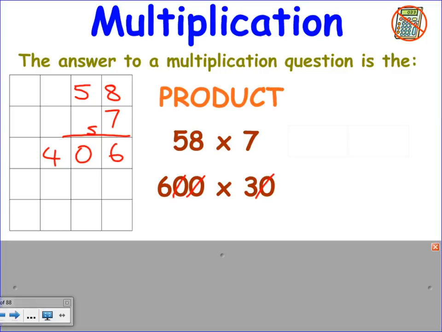Do the simple sum, which is 6 times 3, which is 18. And then bring your 3 zeros back. 1, 2, 3. And it saves lots and lots of rows doing that. And that was the learning point there. So if you get numbers with lots of zeros, get rid of the zeros, do the easy sum, put the zeros back. Right, let's look at the other methods, okay?